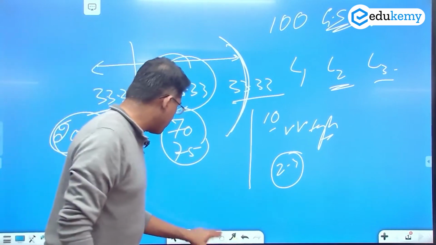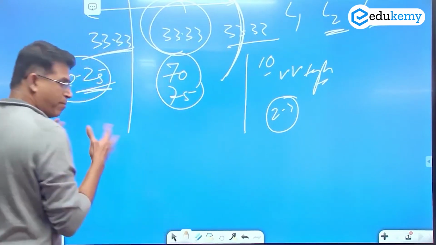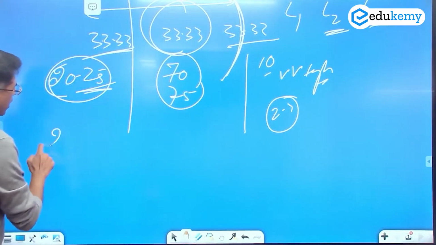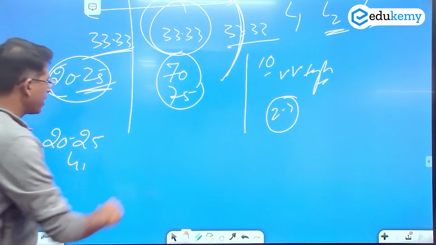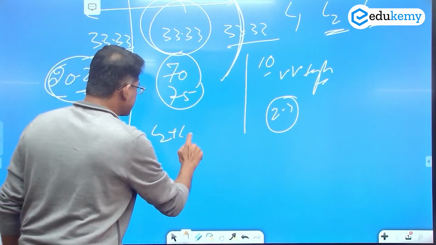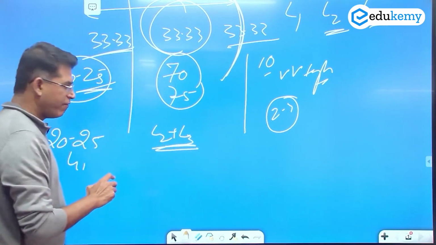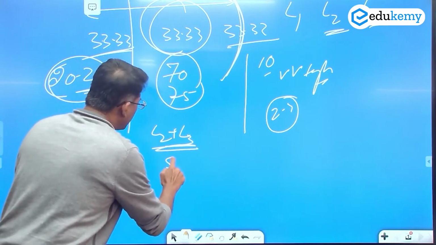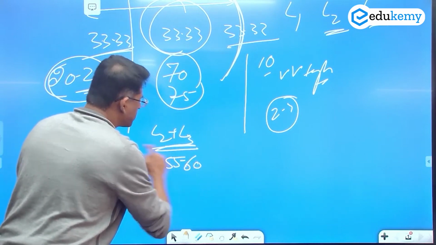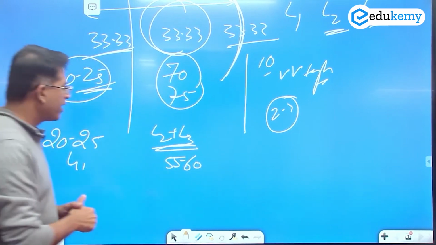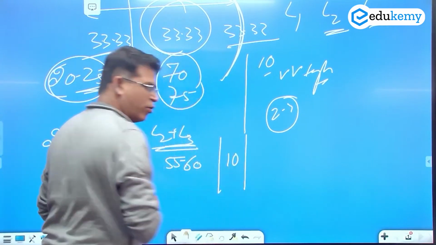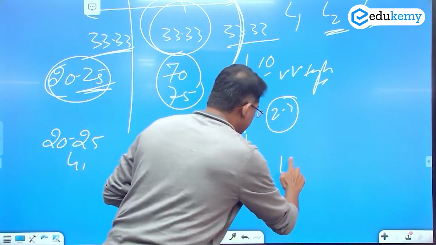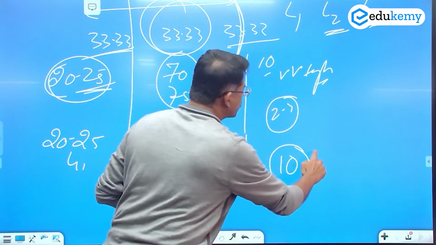So if you look at the breakup, my breakup looks like this: 20-25 questions will be L1 types, L2 plus L3 will be approximately 55-60 types. Okay, a bit more tough will be 10 more, and another 10 which I don't expect students will answer.